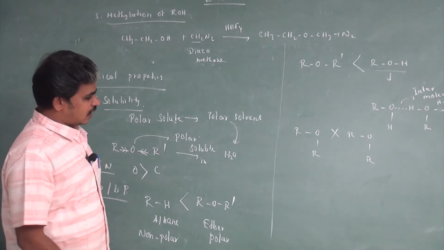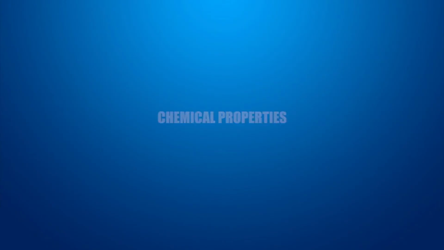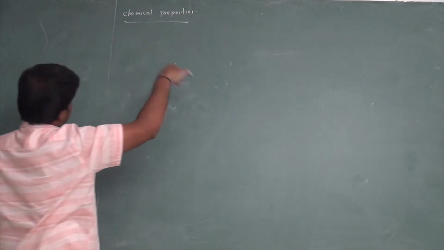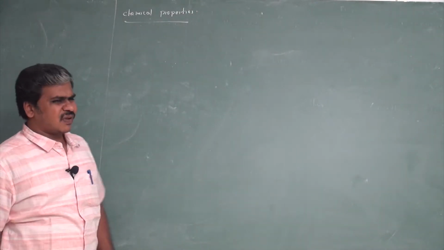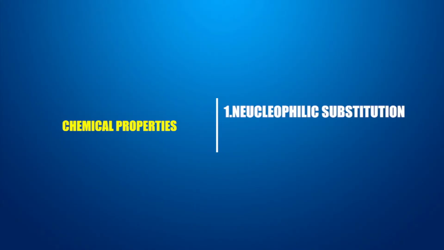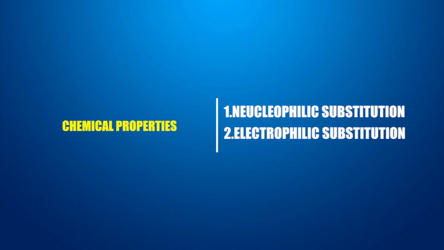Now, we may take the chemical properties. Listen, the chemical properties are classified into two types. One is nucleophilic substitution and another one is electrophilic substitution.